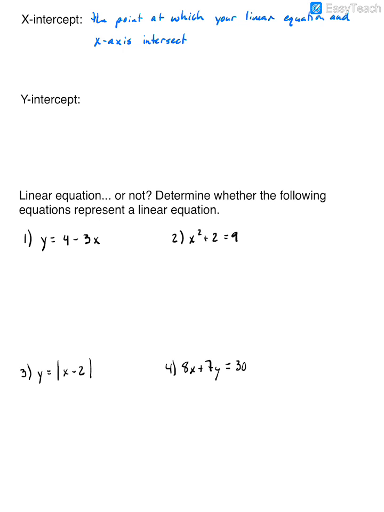Okay, the y-intercept is very similar, but this is a point at which your linear equation and the y-axis intersect.